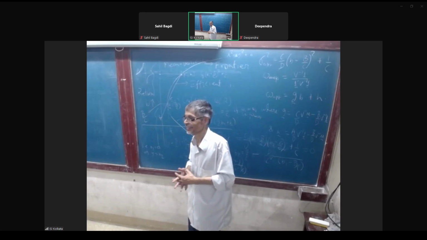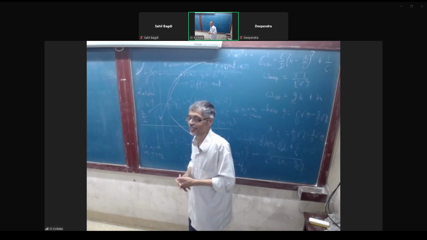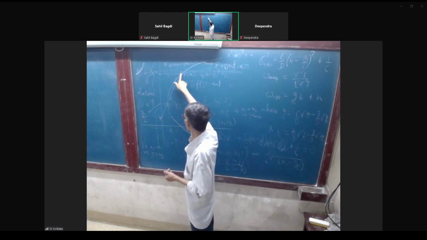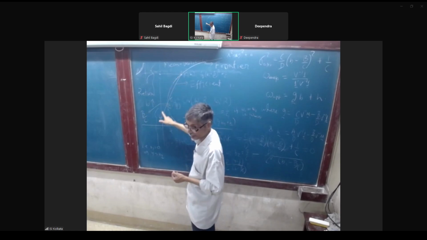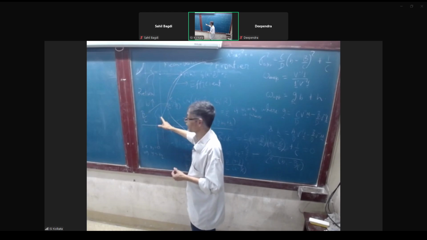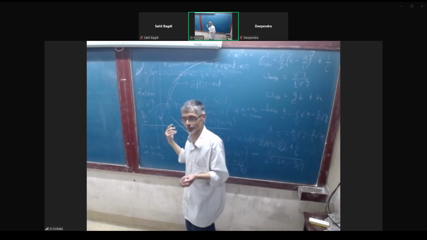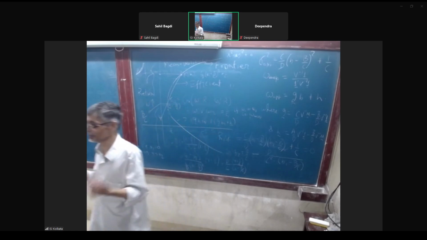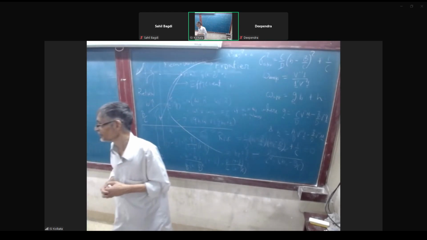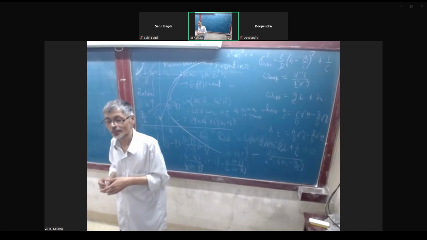The line should be a tangent. From V1, if I draw a tangent, then it will cut V2. V1 and V2 may be at the same place basically, because V1 and V2 don't change, right? We need to show that. Yeah, you can actually show that.